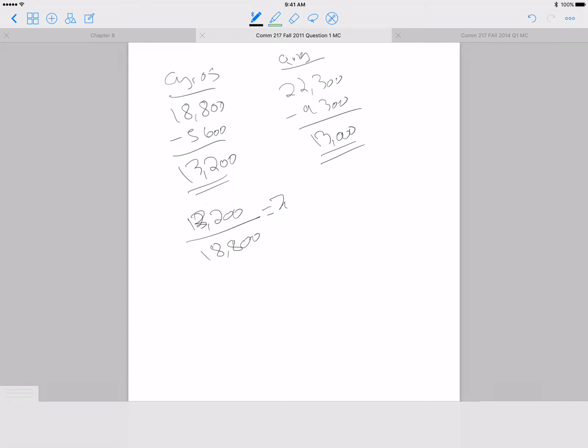So we get 70% here, or 0.7. Here, let me just redo that so you can see clearly. And then for King, you get 13,000 over 22,300, which is only 0.58.